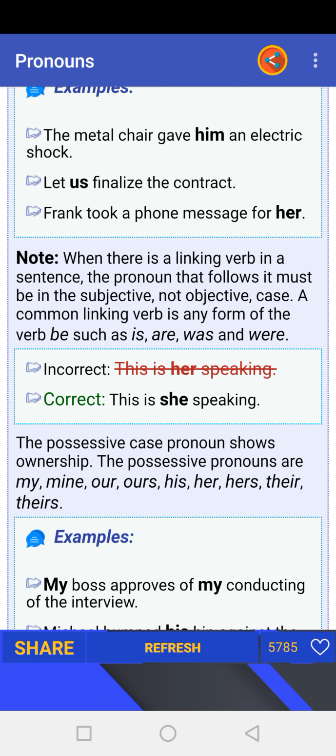So each time you find these linking verbs in the sentence, you should use a subject pronoun and not an object pronoun. For example, this is she speaking.